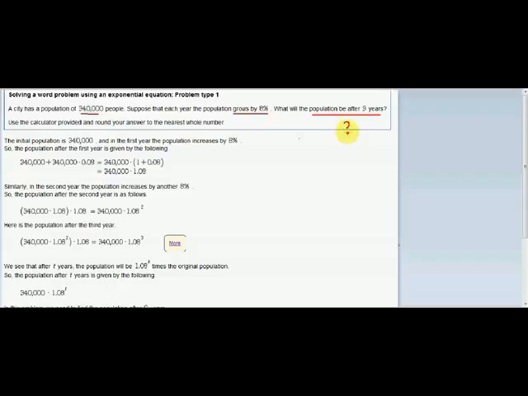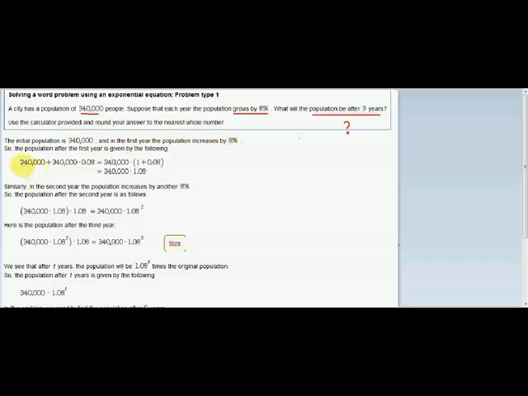Alright, so I'm just going to go through the workings that Alex showed. Initial population is this. First year increased by 8%.